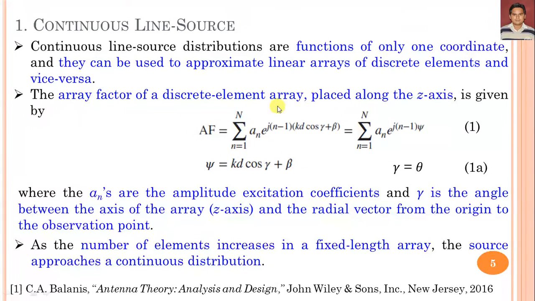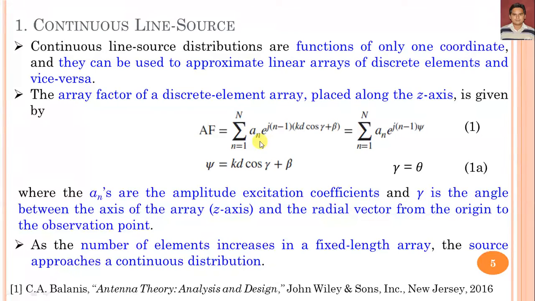N elements are placed along the z direction, the spacing between the elements is d, and gamma is the angle between the z axis and the radial vector from the origin to the observation point.